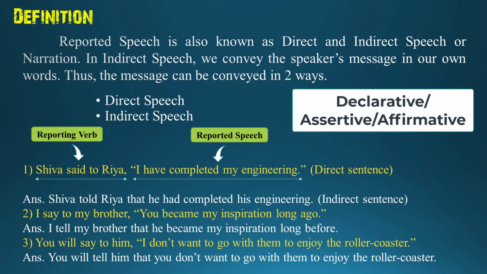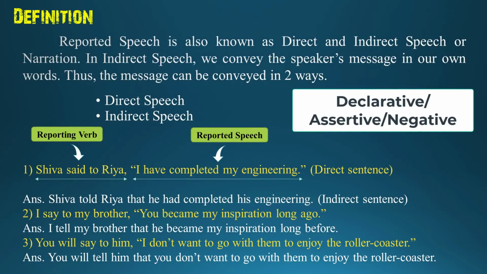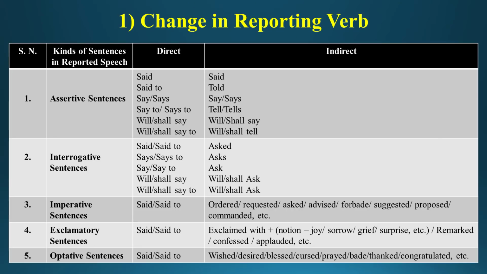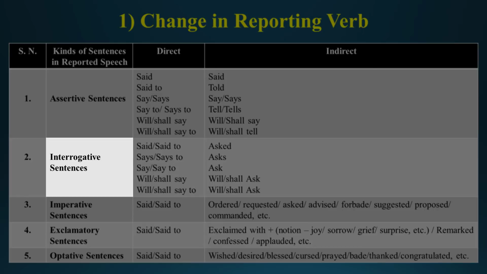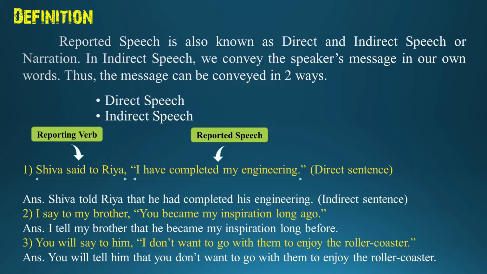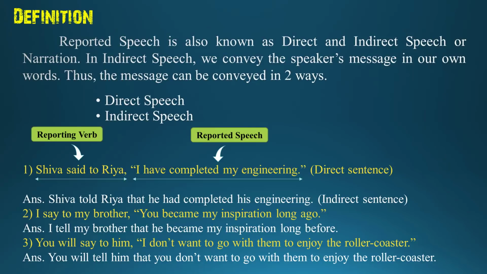This is also a declarative, an assertive, or an affirmative sentence. Then the third one, "I don't want to go with them to enjoy the roller coaster." This is also a declarative sentence. So, these all are declarative sentences. There can be other sentences also, just like interrogative sentences, imperative sentences, exclamatory sentences, and optative sentences.